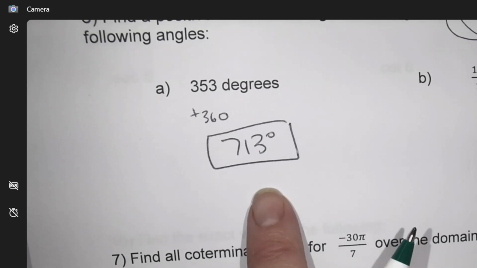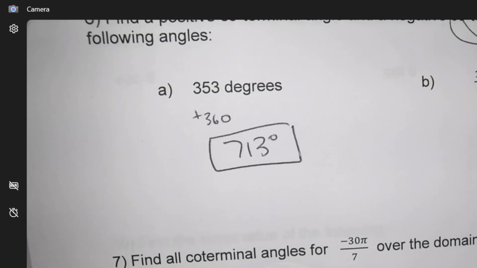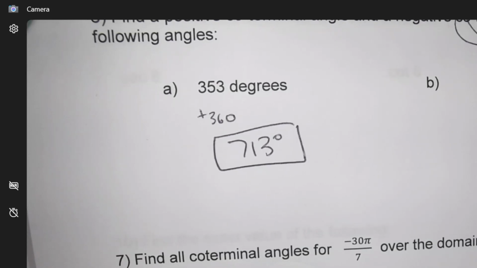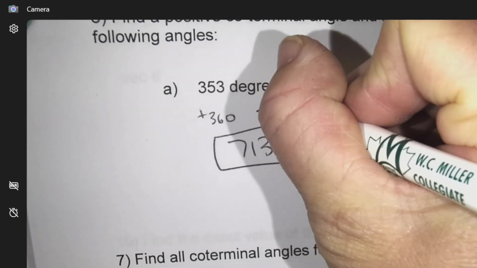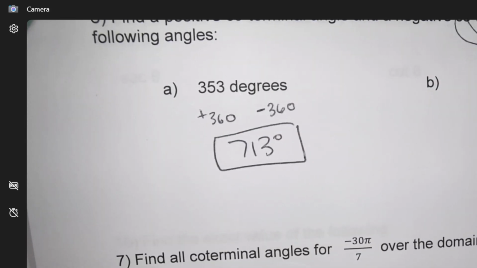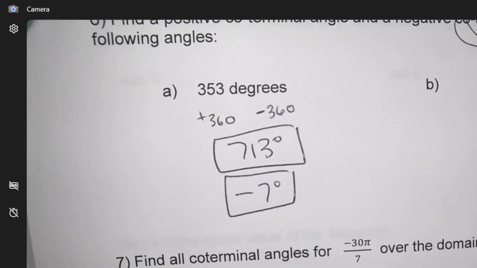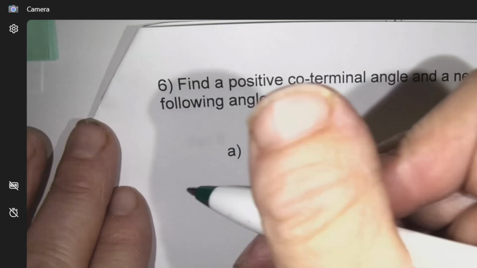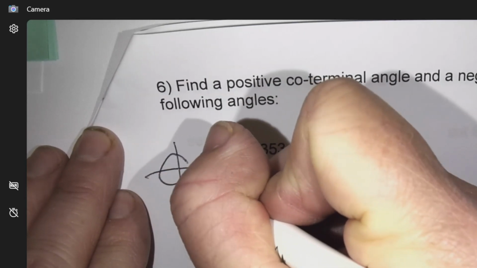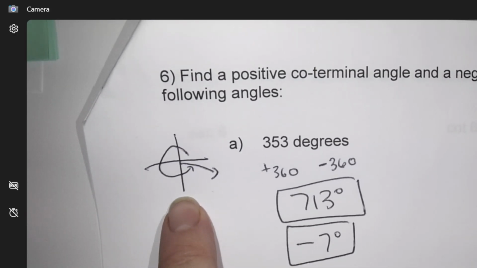So that number is positive. So now I need a negative number to get me to the same spot. So what could I do to get a negative angle? I could backtrack 360, right? So if you need a visual, this is the original 353.